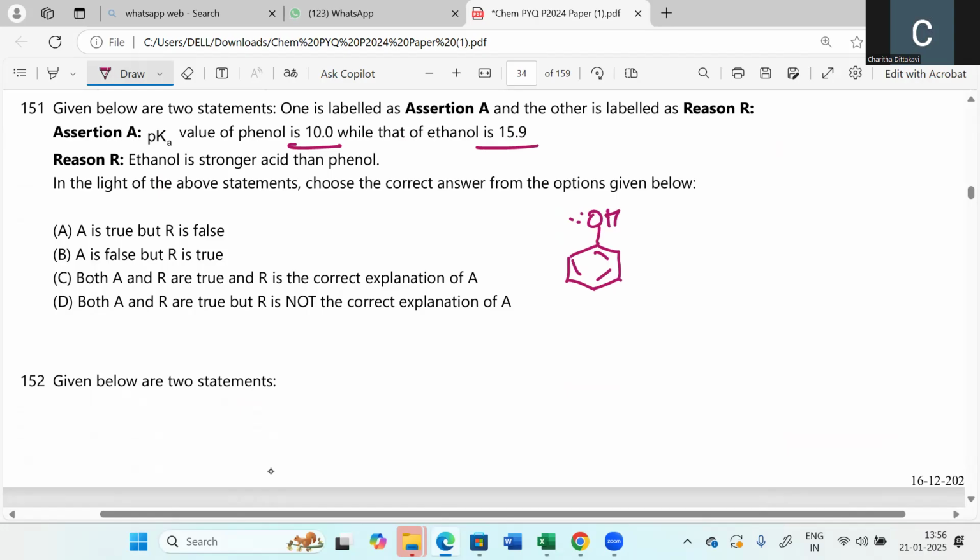Phenol is more acidic because it can lose H plus very easily, since it goes with the resonance structures, 5 canonical structures it gets. So phenol is more acidic. The pKa value of phenol is 10 while that of ethanol is 15.9. Okay, so is ethanol a stronger acid than phenol? Is that right? The reason is false. Ethanol is not the stronger acid. Phenol is the stronger acid, right?